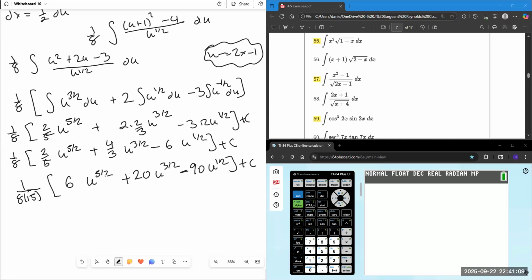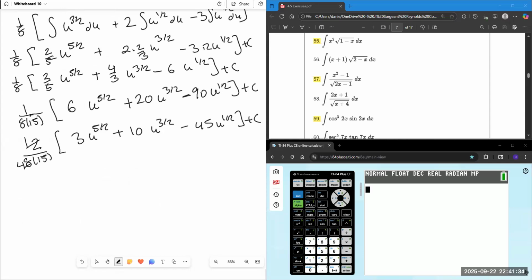All those are even numbers, so pull a 2 out. It's 2, 8, 15 is 3u to the 5/2 plus 10u to the 3/2 minus 45u to the 1/2 plus c. 2 goes into 8 4 times. And this is 1/60.